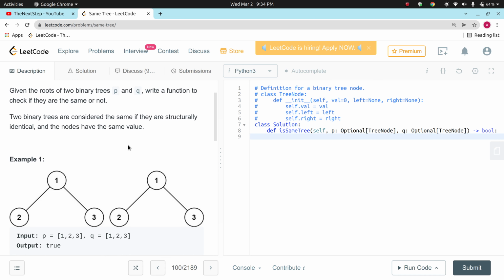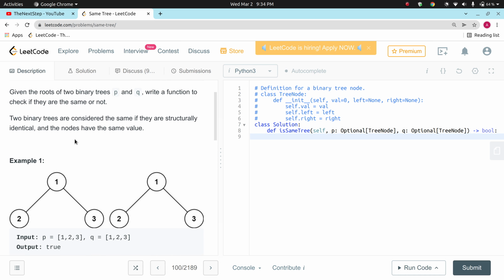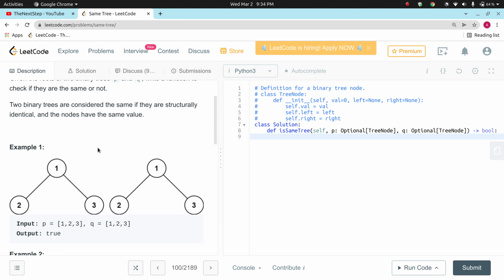have the same value. So this part is pretty simple, because let's say we have a node P with the value of 1 and a node Q with the value of 1 as well. Yes, they have the same values, so that meets one condition for them to become the same nodes, but let's see if they are structurally identical as well, which means they must have the same left subtrees and they must have the same right subtrees.